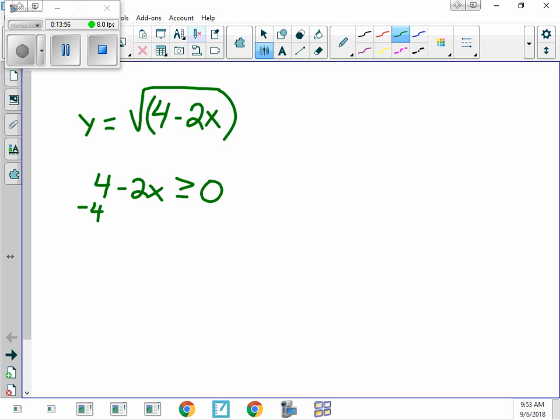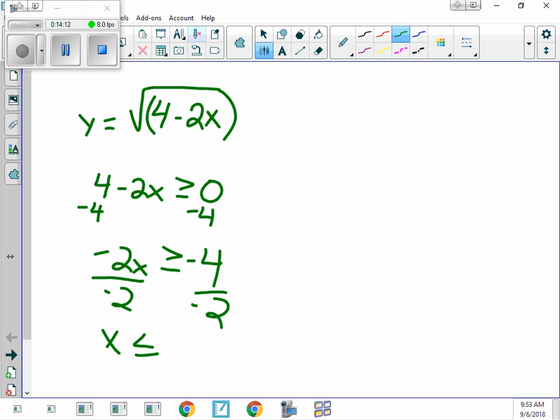Subtract 4. Negative 2x is greater than or equal to negative 4. Divide by negative 2. And I get x is less than or equal to 2.